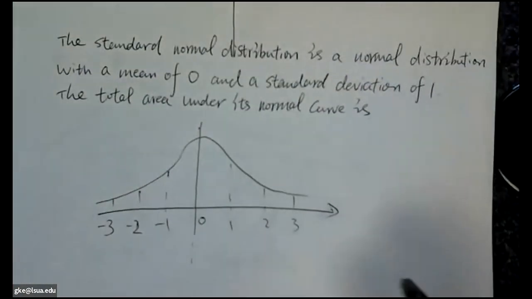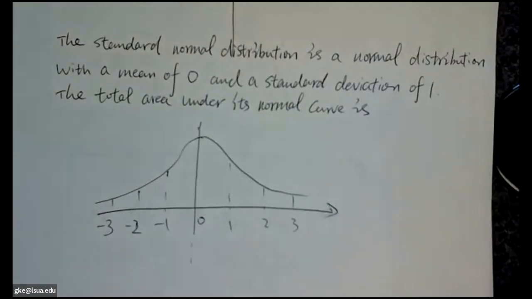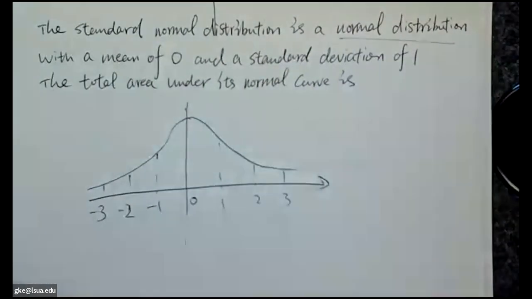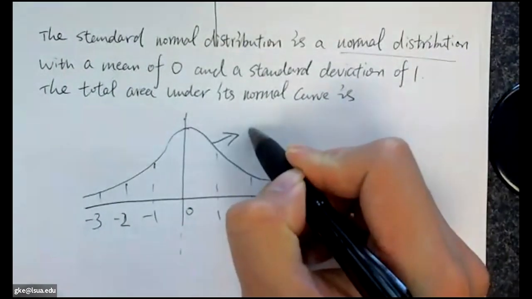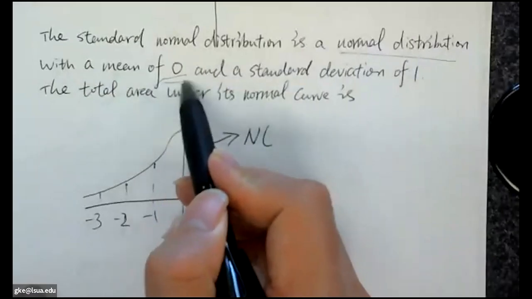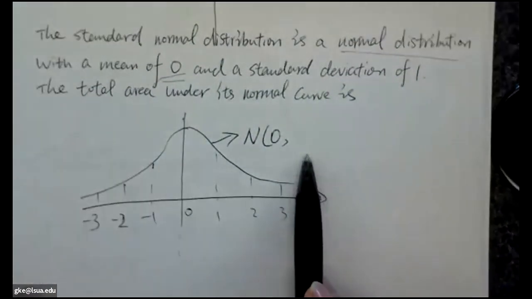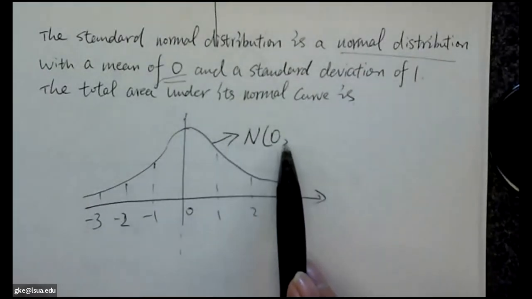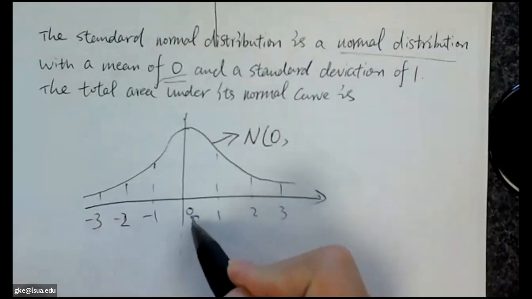Okay, I draw this curve, and the standard normal distribution is a special case of normal distribution. Why is it special? Because this standard normal distribution has the mean value that is 0. So the first coordinate should be the mean value, which is 0.